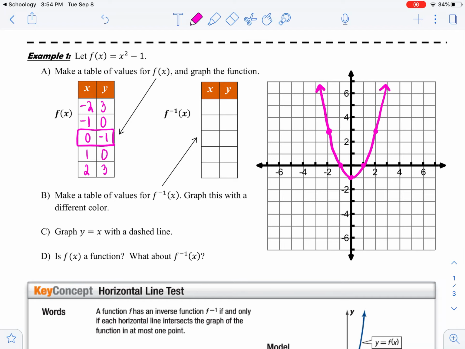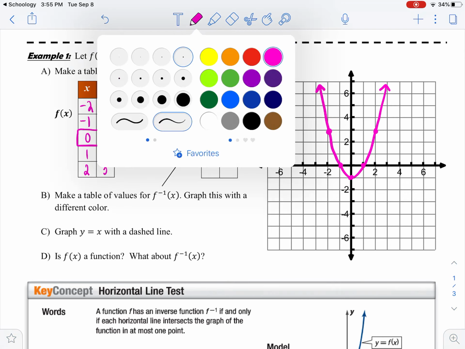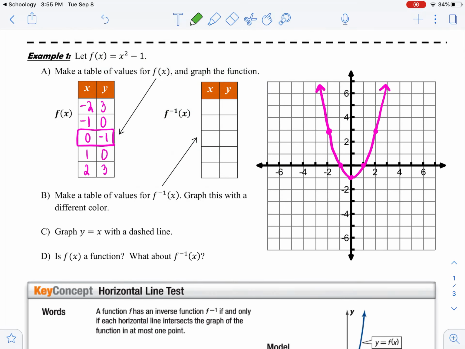Okay. Next, it says B, make a table of values for f inverse, which is, sorry, f to the little -1 just means f inverse. Graph with a different color. So let's switch colors here. I'll do green. Now remember, if I asked you to find the inverse of a function, what would be the first step?